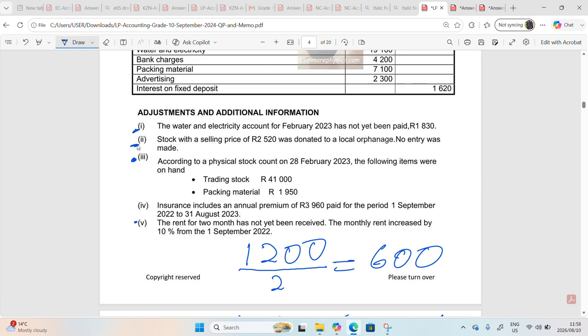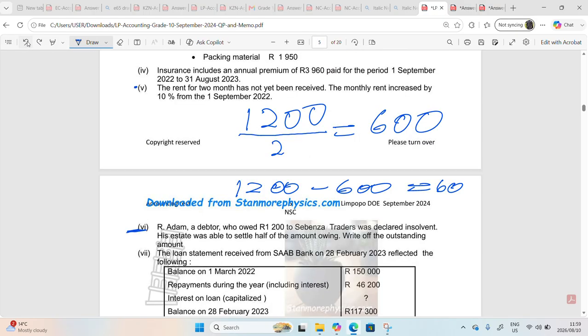So second bullet point, stock with a selling price of 2,520 was donated to a local orphanage. No entry was made. So we made donations with a selling price of 2,520. So here's what you need to do on your side.